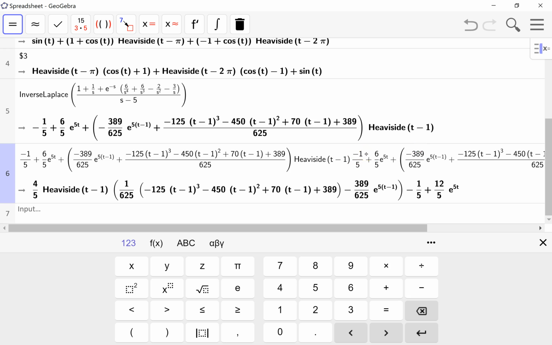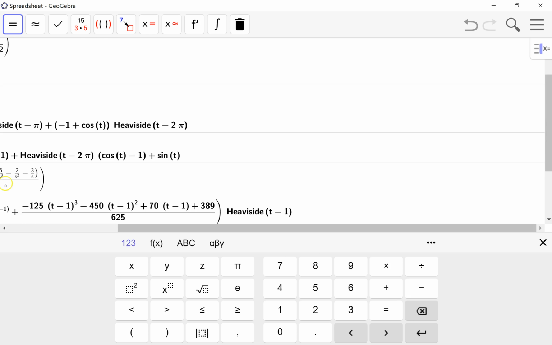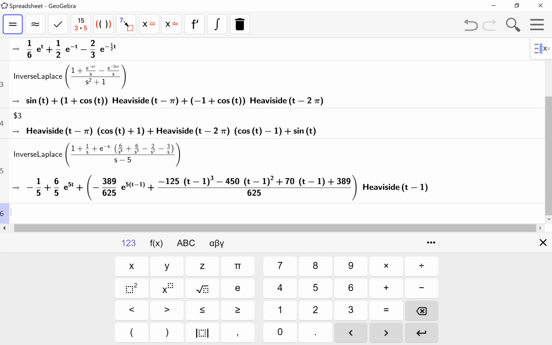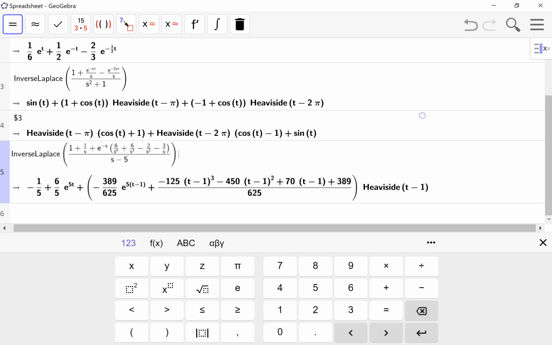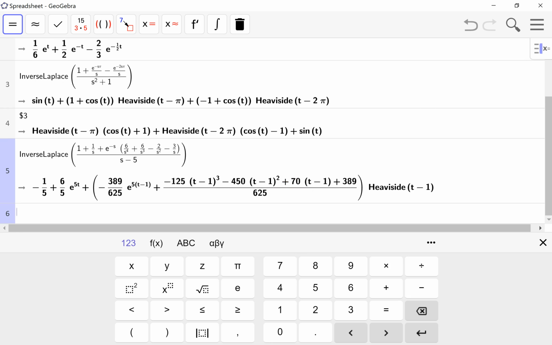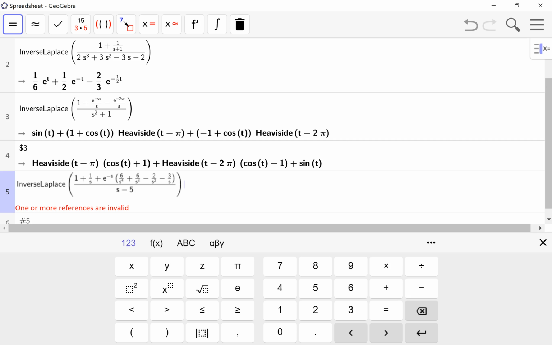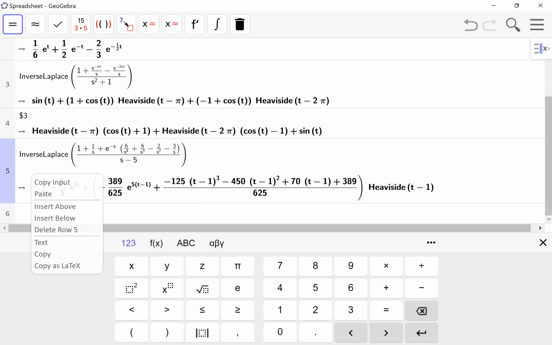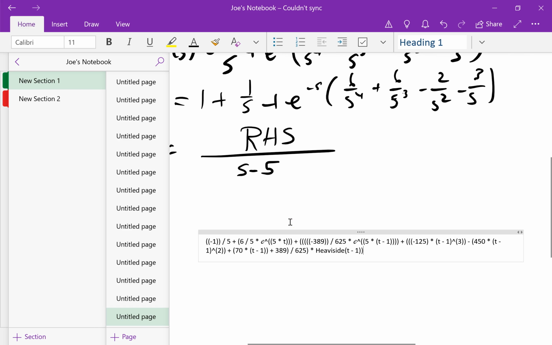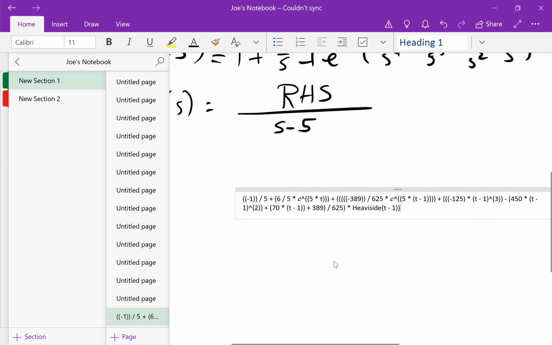So let's see if I can get rid of that. Delete row 6. That's what we wanted to do. Let's see if we can just replace number 5. I don't know why it said that was invalid. I'm not sure why it's having so much trouble. There we go. Well, except it didn't copy exactly what I wanted it to copy. This is the solution, but at least I can write it from here.